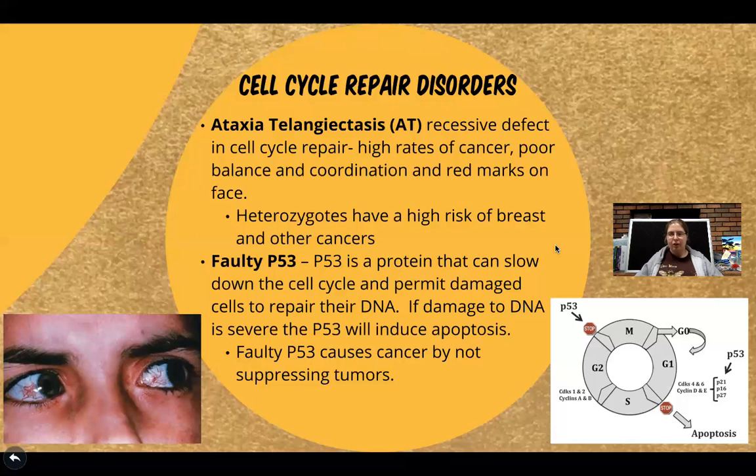It just keeps getting passed on, and we get more and more cells with those errors, and that can lead to tumors and or cancer. So we can actually end up with that uncontrolled cell growth, especially if it's in the tumor suppressing gene.